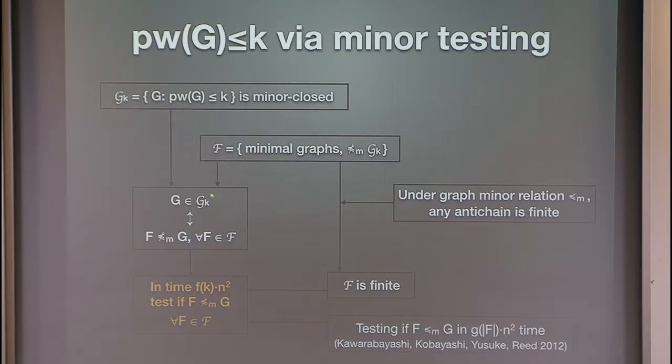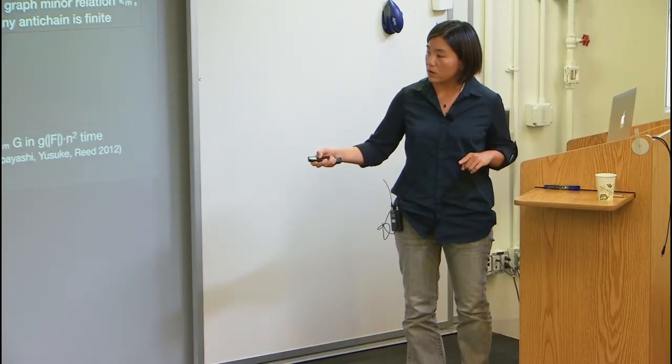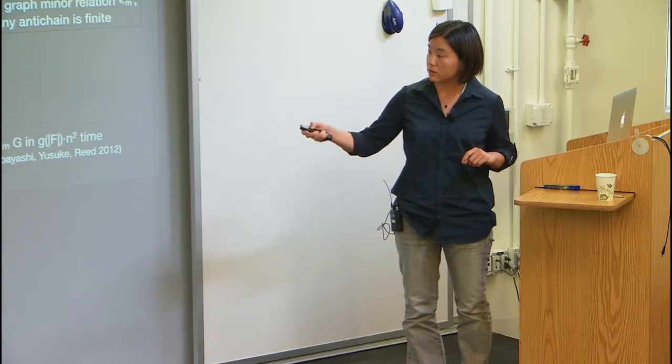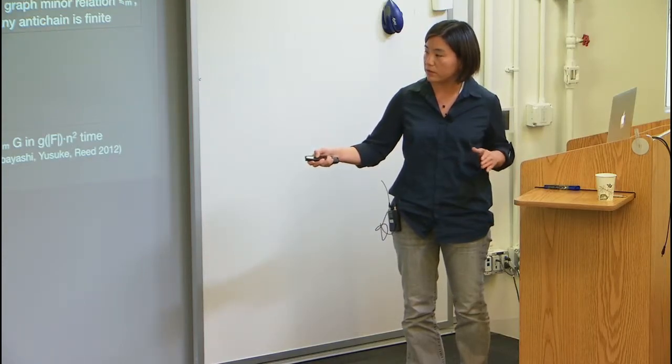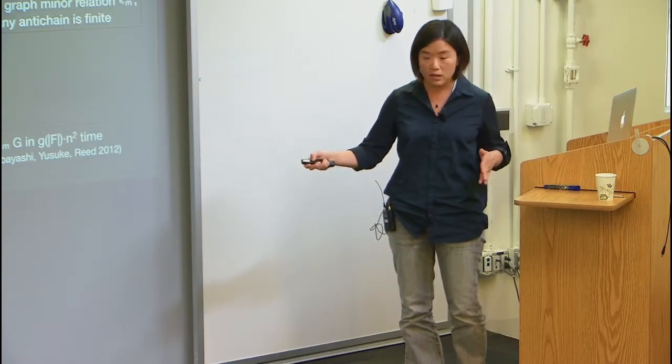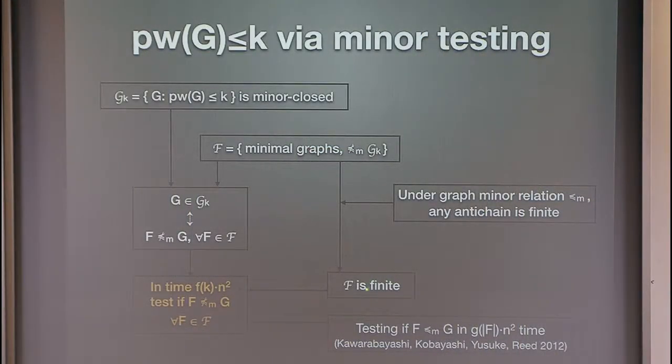So using this property, we can have a heavy machinery algorithm for testing if G has pathwidth at most k. Namely, for every graph F in this set calligraphic F, we test if G contains F as a minor. The list of tests is finite, and each test takes FPT time, so the overall test takes FPT time.